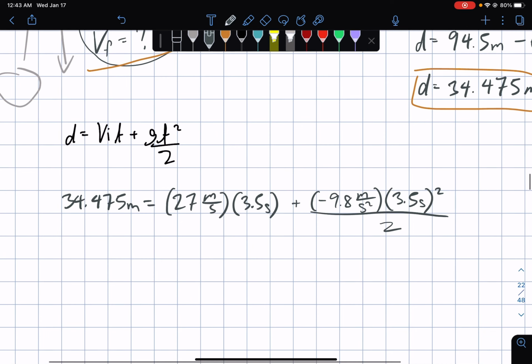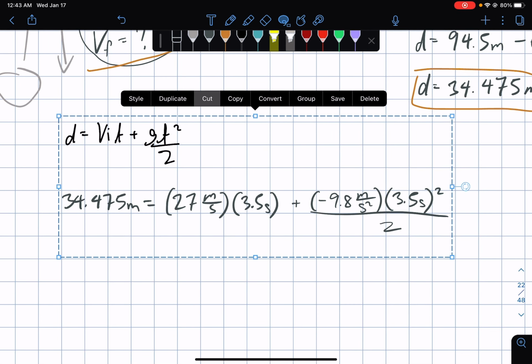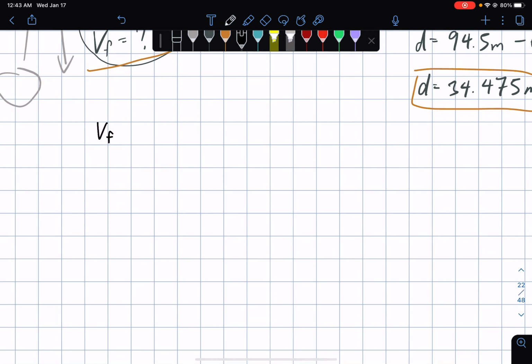Wait a minute. Something's suspicious. We were supposed to look for the final velocity, but it's not there. Let's try the other formula.